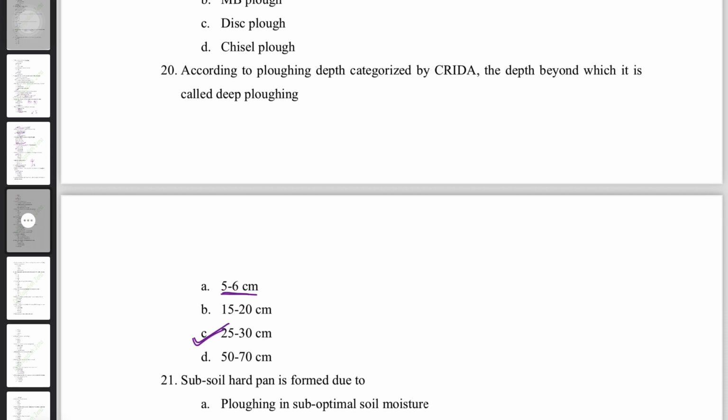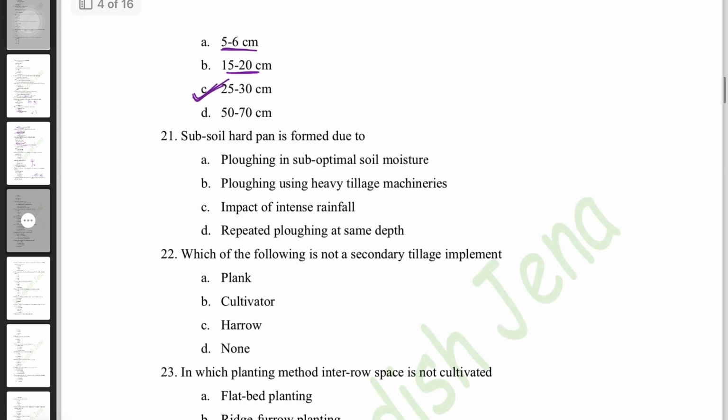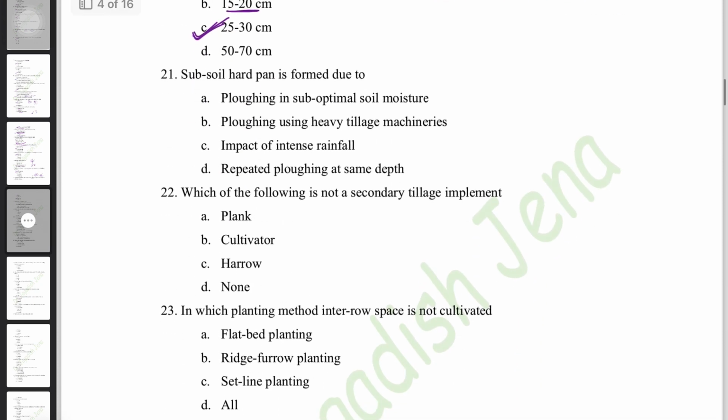Shallow plowing is 5 to 6 centimeters, medium depth plowing is 15 to 20 centimeters, and deep plowing is 25 to 30 centimeters. It was classified by CRIDA. CRIDA means Central Research Institute for Dryland Agriculture, situated in Hyderabad, and it was formed in 1985. So remember this one.